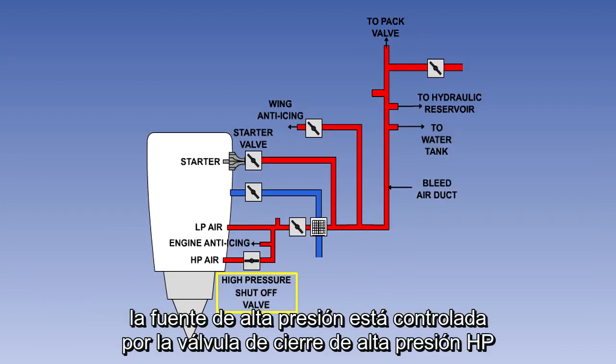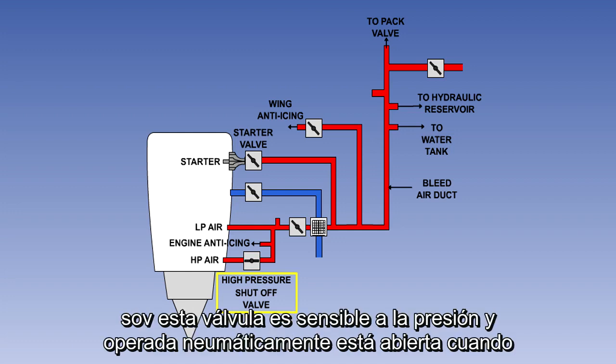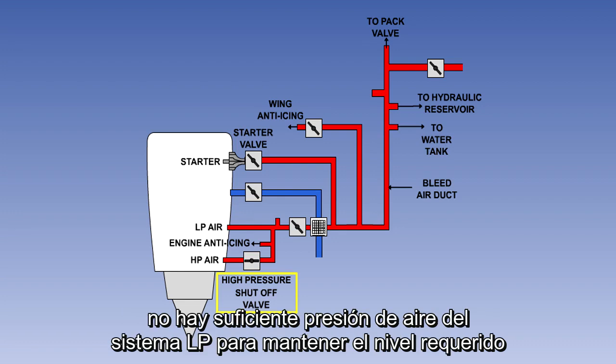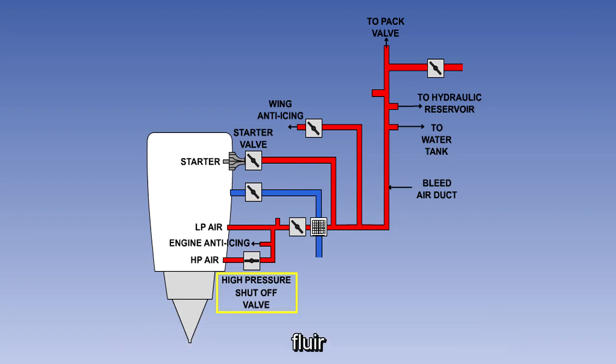The high-pressure source is controlled by the high-pressure shutoff valve, HPSOV. This valve is pressure-sensitive and pneumatically operated. It is open when there is insufficient air pressure from the LP system to maintain the required flow.